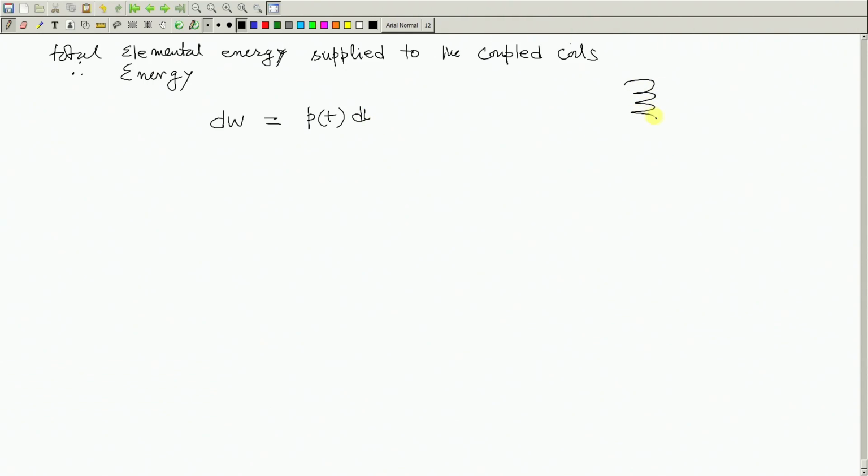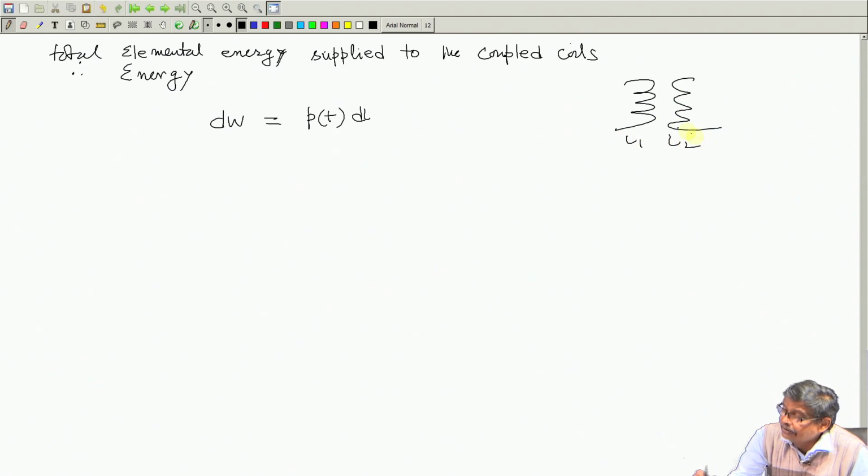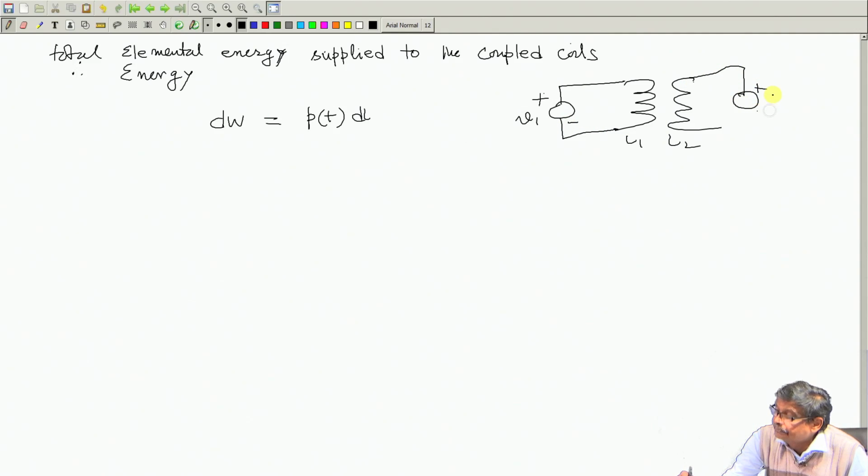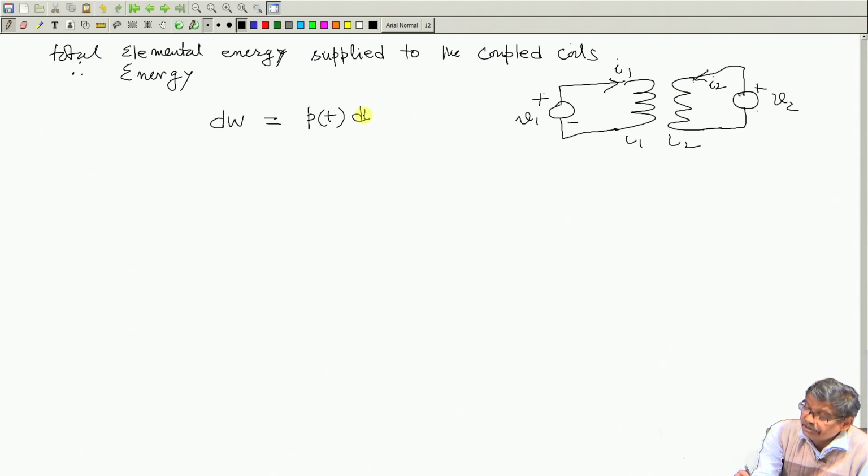Redraw the circuit here for ready reference. So, this was L1, this was L2, this is V1, this is V2, and I have assumed current to be flowing like this, and this is I1. So, P_T into dt is the total energy supplied.